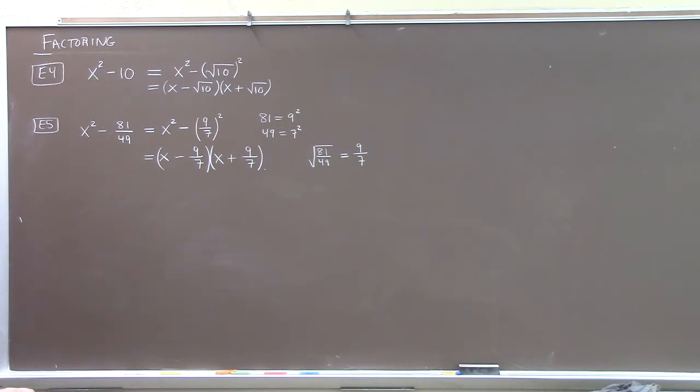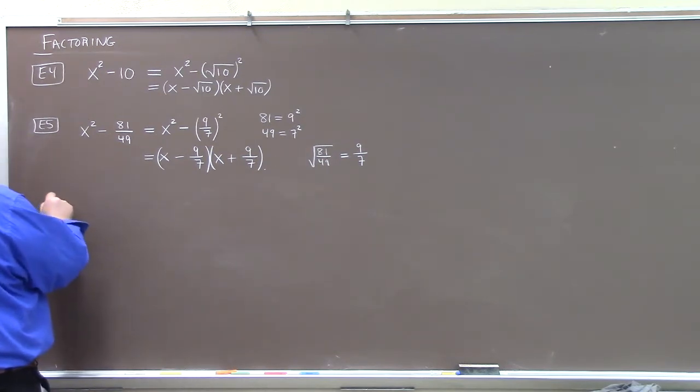There's hope. What'd you get? Square root of 81 over 49. 9/7, right? So I'm just saying if you can recognize it without the calculator, then you don't need the calculator. But of course, you can use a calculator.